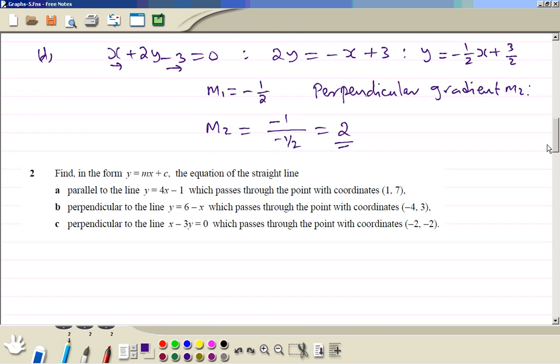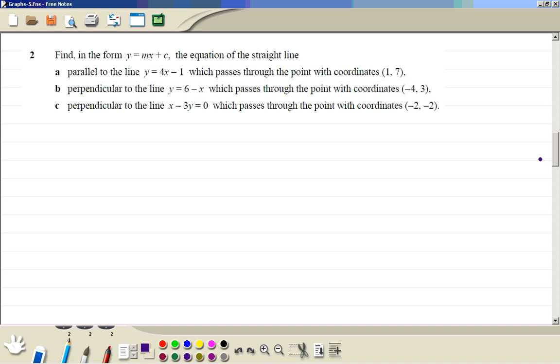Now we do example 2. So part A, the line is parallel to this, so therefore the gradient we need is equal to 4. So it's going to be y equal to 4x plus c. We don't know the c.